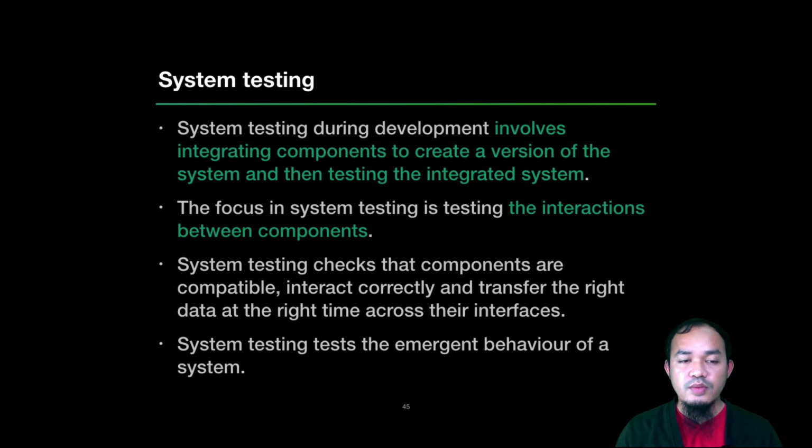We want to make sure that the interface they provide is working, serving requests well. System testing checks that components are compatible, interact correctly, and transfer the right data at the right time across the interface. System testing tests the emergent behavior of the system.